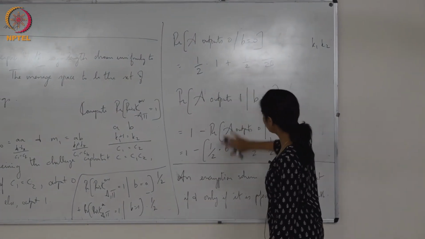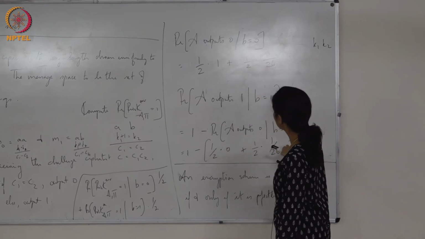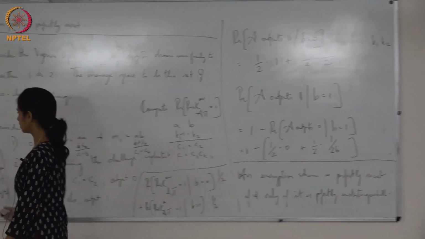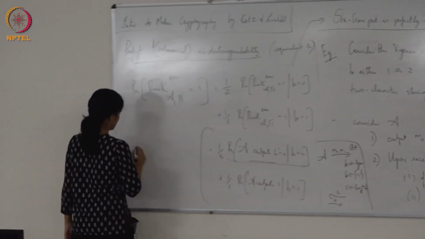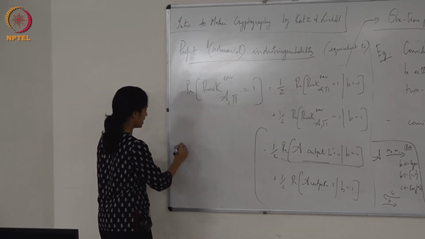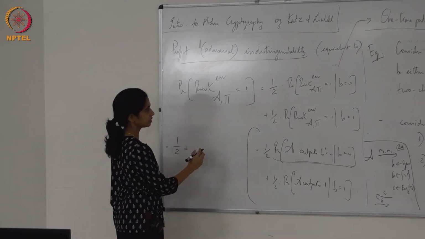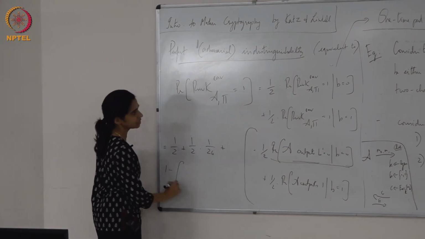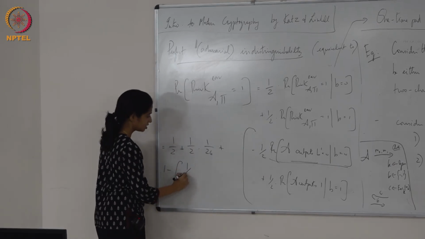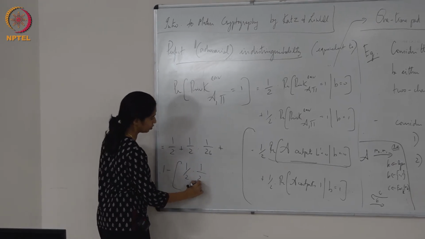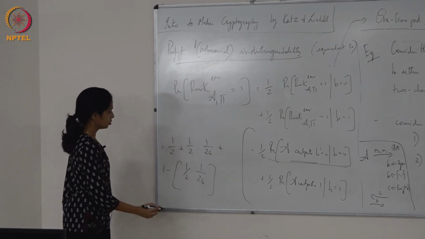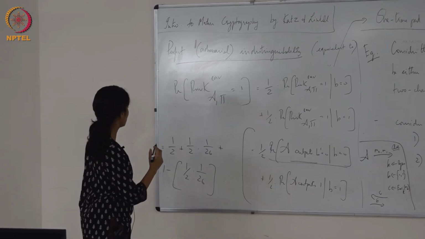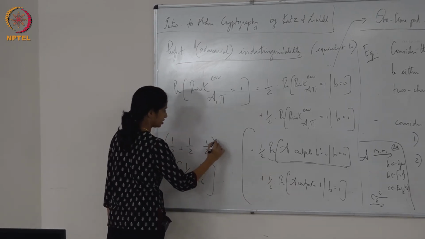Okay, so now we have these two, right? So this is 1 minus, right? So putting this together here, we have half plus half times 1 over 26 plus 1 minus, so half times 0 is just 0, half times 1 over 26. Okay, times half, right?